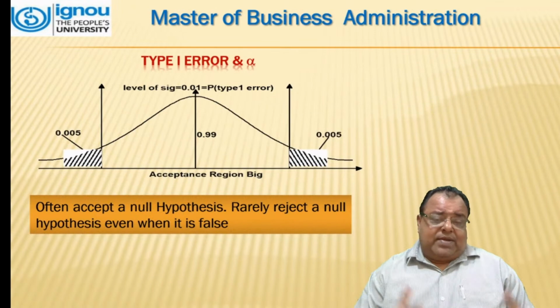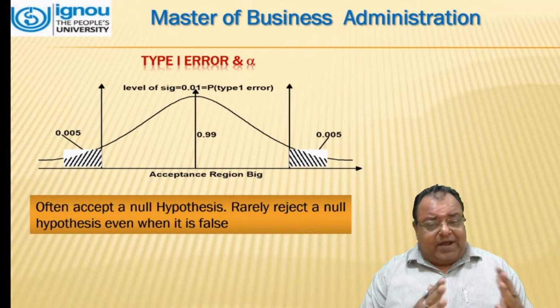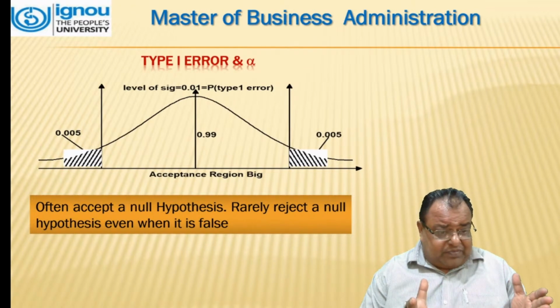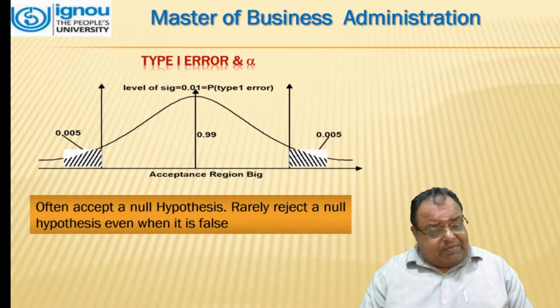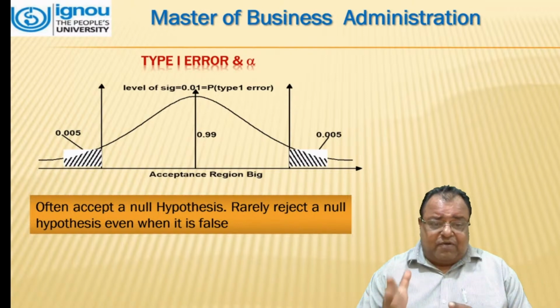Now, mathematically, graphically, we can see how this type 1 error and alpha are related. The level of significance is 0.01, which is type 1 error. We can see that often we accept the null hypothesis and rarely reject a null hypothesis even if it is false.